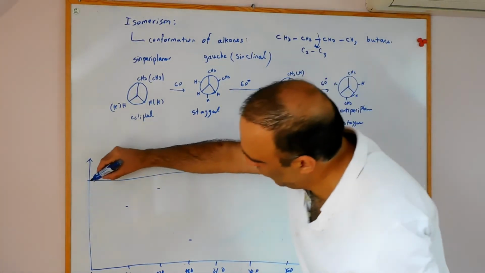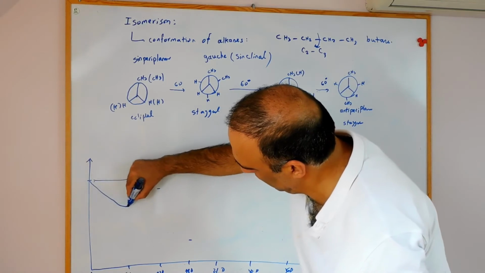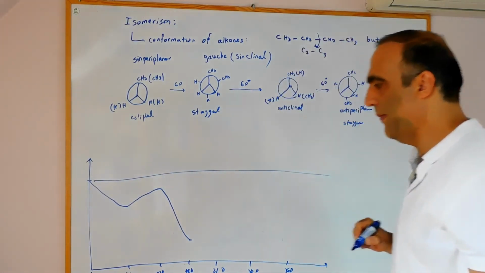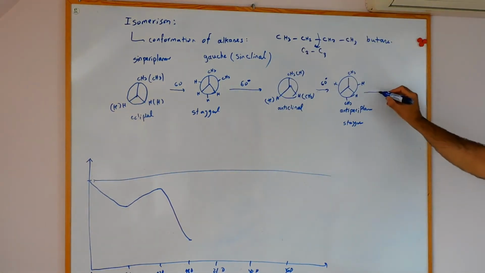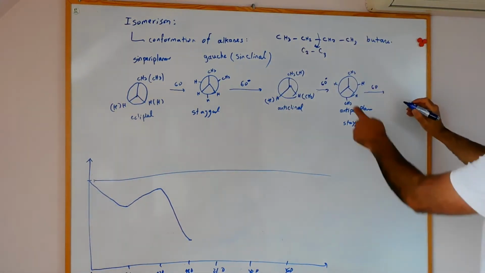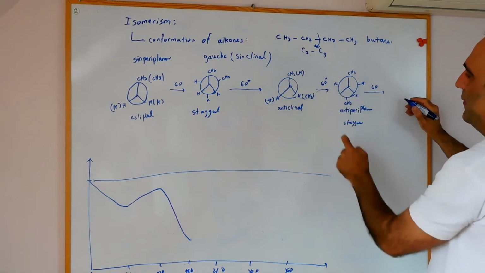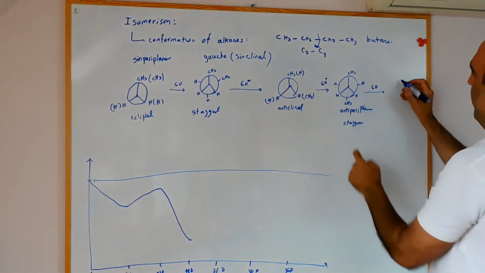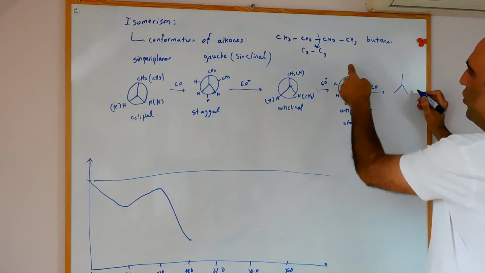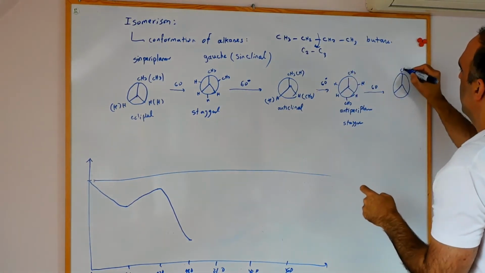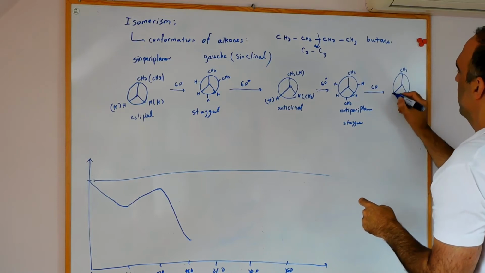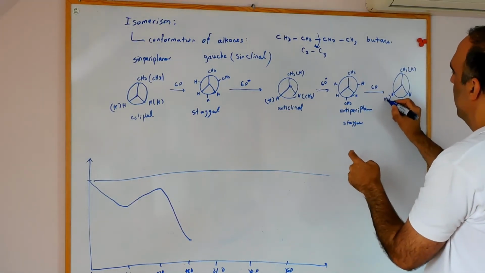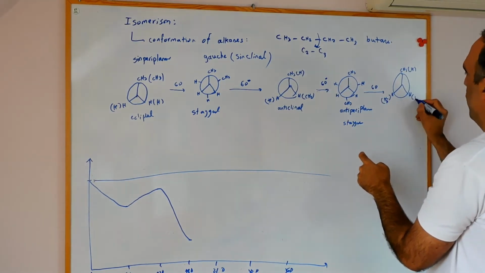Then, if I draw the energy level here, it decreases, increases, and decreases again. If I rotate 60 degrees, this methyl will go here. Okay, this hydrogen goes here. Okay, this methyl goes here. This hydrogen goes here.